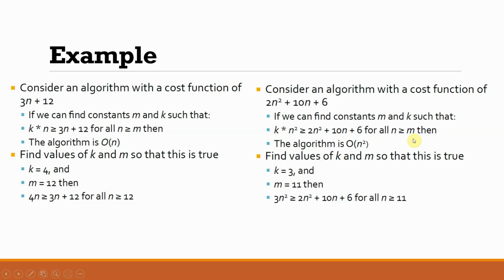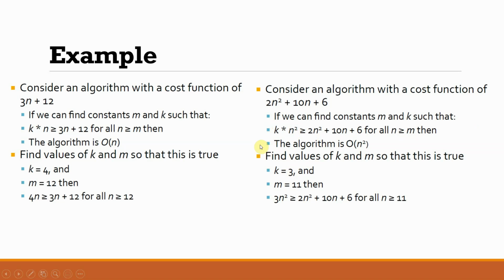So if we write this one here, 2n squared plus 10n plus 6, if we choose k as 3, right? If we choose 3n squared, we can write 3n squared as 2n squared plus n squared.